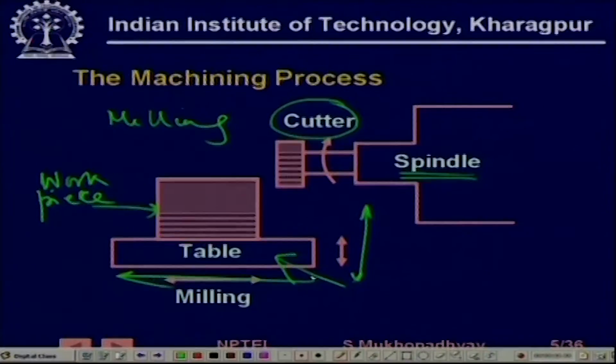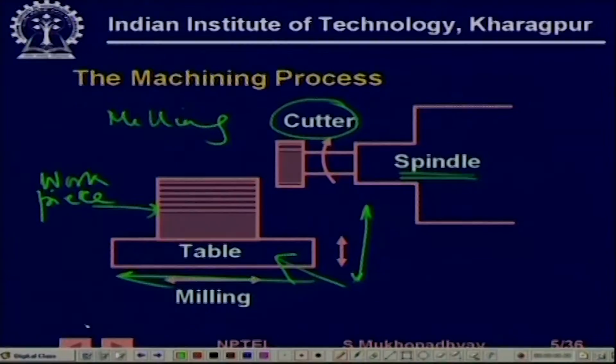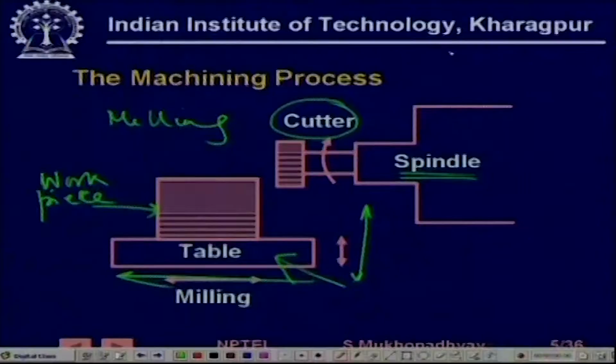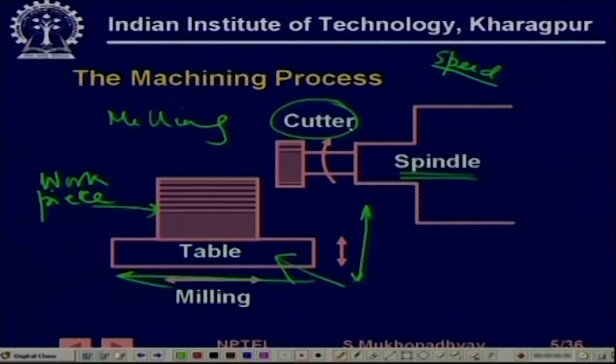So, this shows that any metal cutting machine would require motion for the tool and motion for the workpiece, and these motions naturally have to be very precise. Number 2 is that for quick cutting, these are generally parameterized by quantities like speed, which is related to the cutting speed of the rotating body.